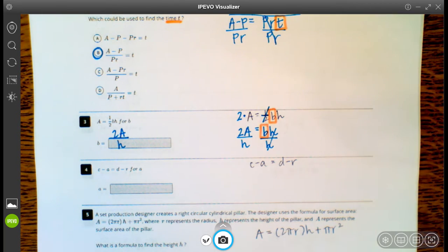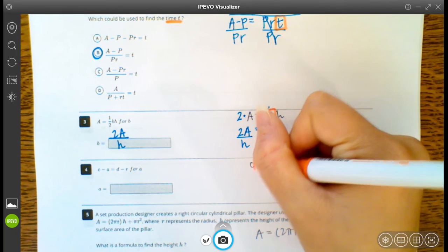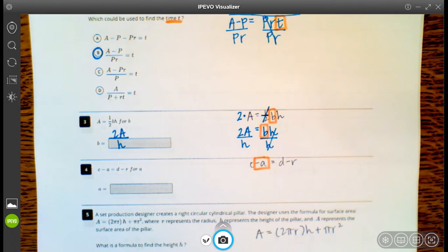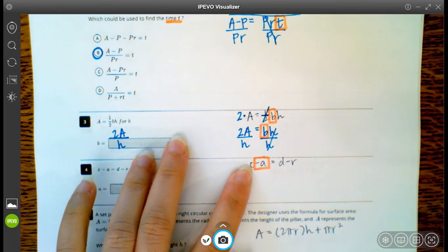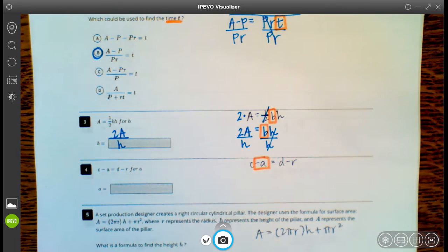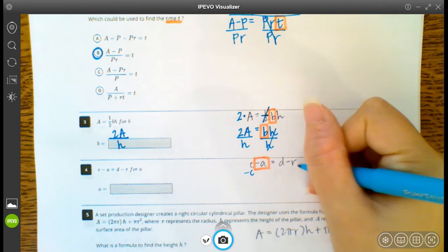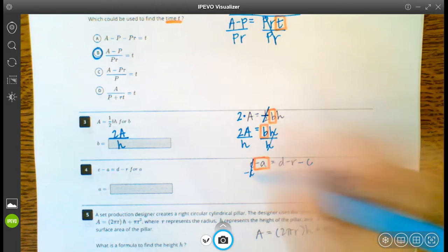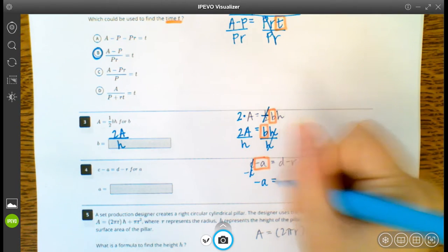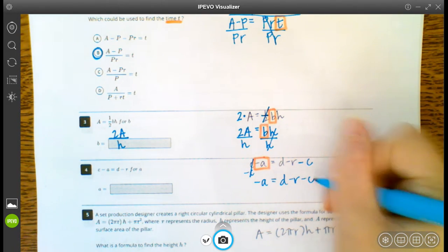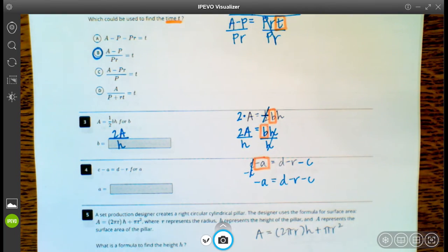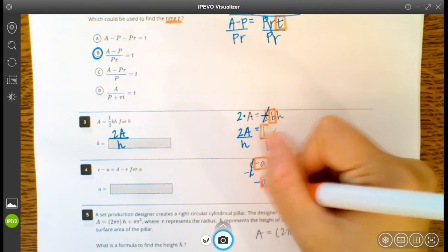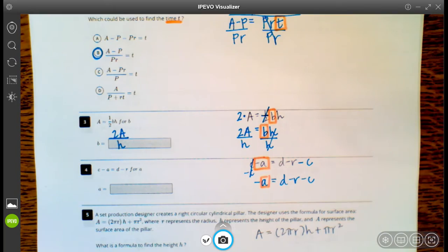All right, take a look at number 4. We're trying to solve for letter A. Now, letter A is being subtracted. So now we have to look at what's happening with C. Well, C is positive or plus. So if we want to get rid of it or undo it, we have to subtract it from both sides. So we end up getting negative A equals D minus R minus C. Now, to get A completely by himself, there is a number sitting in front of little a.